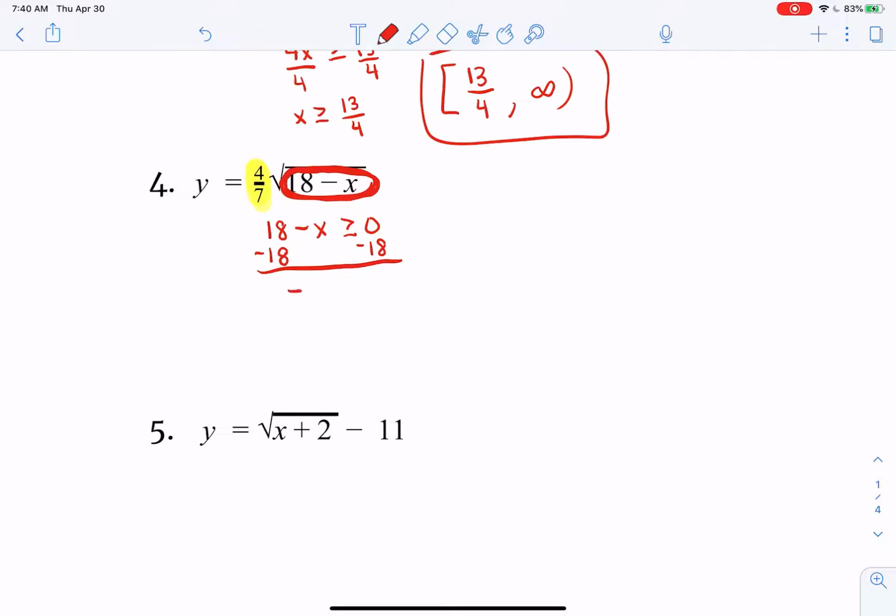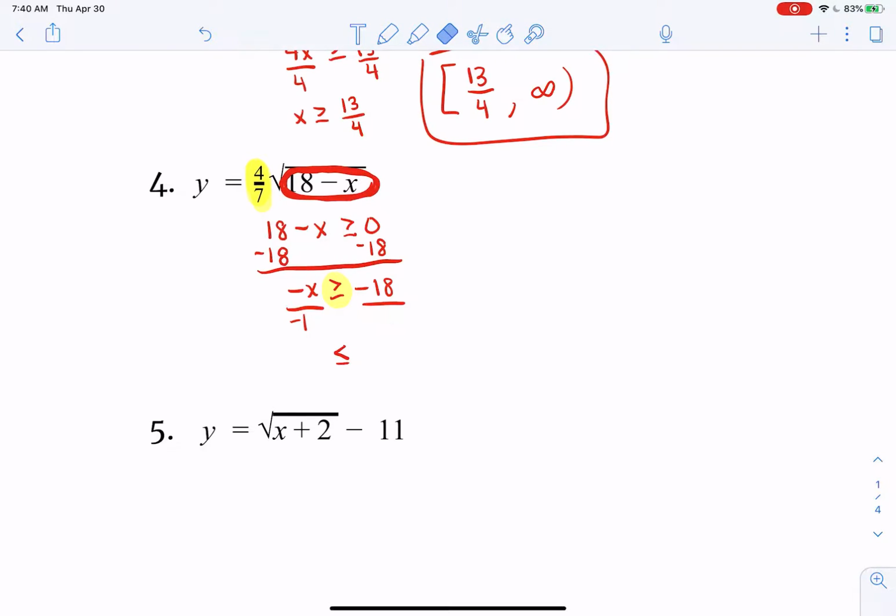So we have negative x is greater than or equal to negative 18. But we are not interested in negative x, we want to find positive x. So we need to divide each side by negative 1. And remember, when you divide an inequality by a negative number, you have to switch the direction of the sign. So now it's less than or equal to.